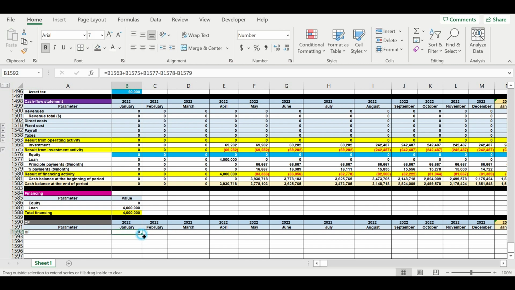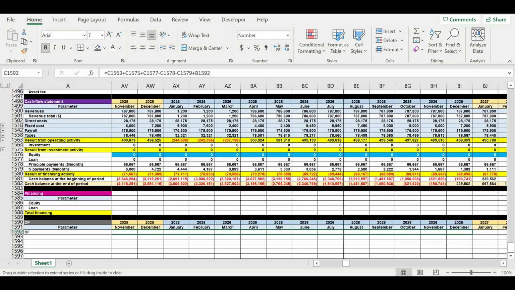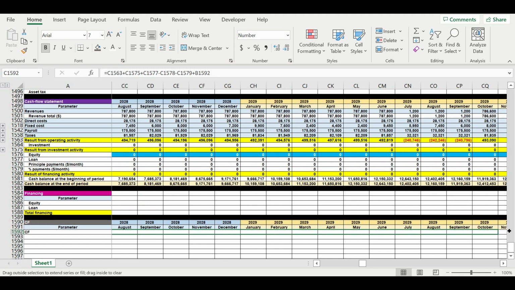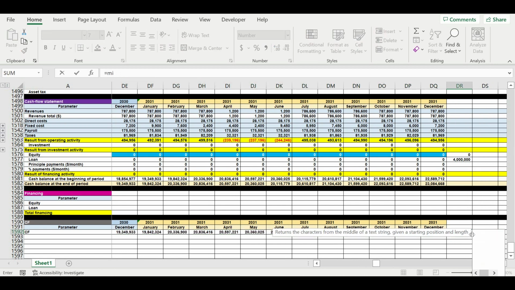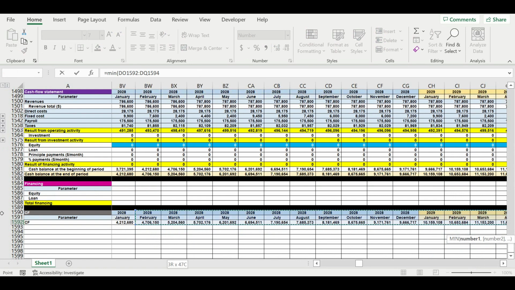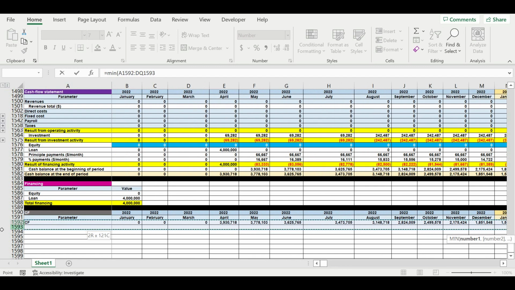Then I will extrapolate this formula to the right. Then I will add the previous month to make it cumulative. Extrapolate this formula to the right. Then I will find the minimum value in this line.